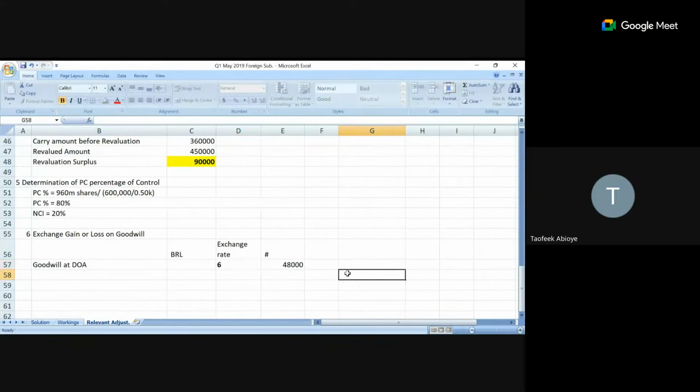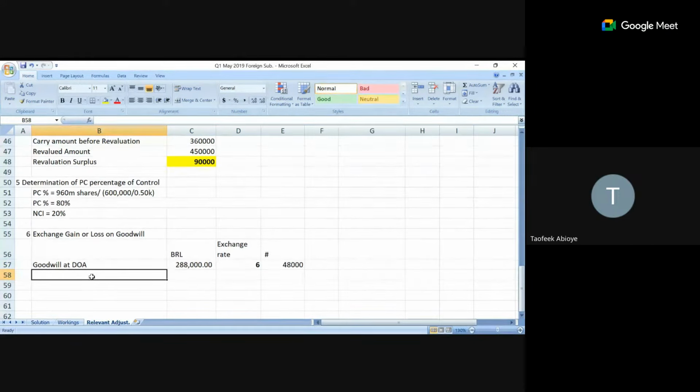So we need to do what? We need to work back. 48,000 multiplied by 6 is going to be 288,000. We want to know the exchange gain on this goodwill. Now, what are we going to do? Impairments. If there is impairment in this question, we take note of it.